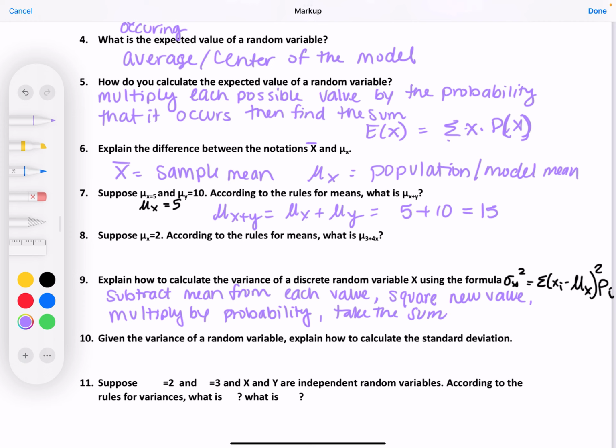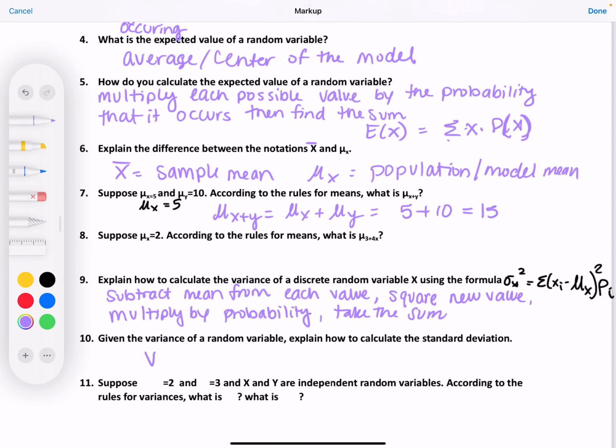Number 10, given the variance of a random variable, explain how to calculate the standard deviation. The standard deviation is the what of variance? No, it's a mathematical operation. Square root. Wait, that's backwards.